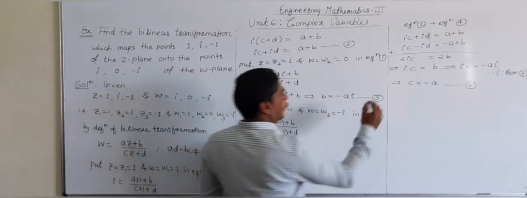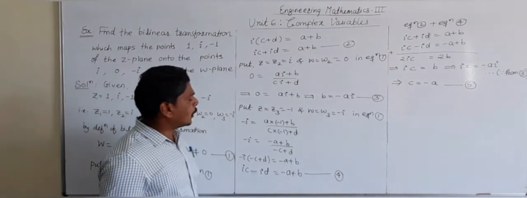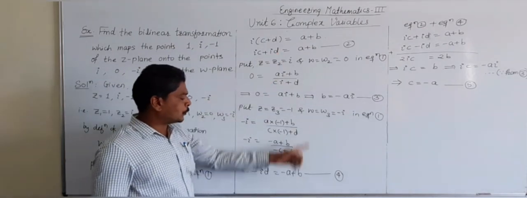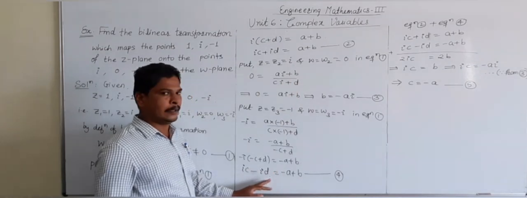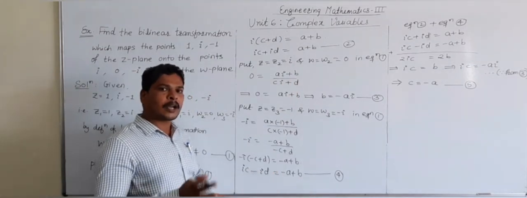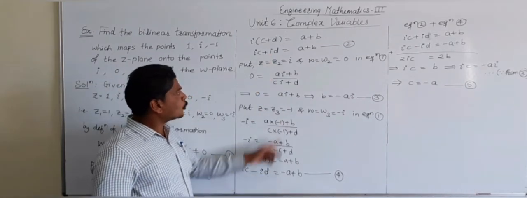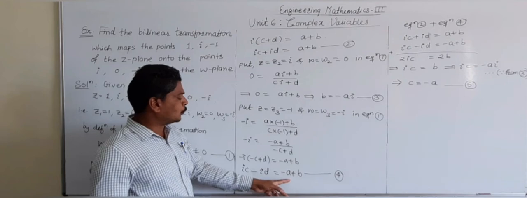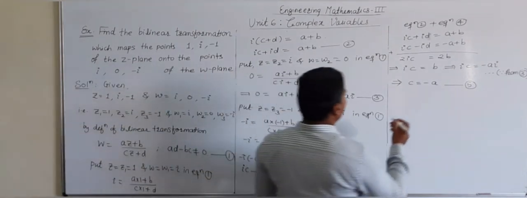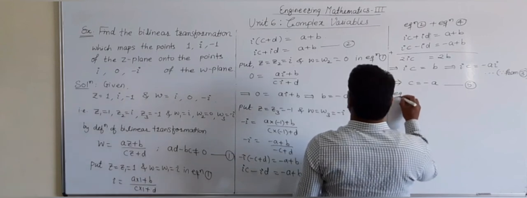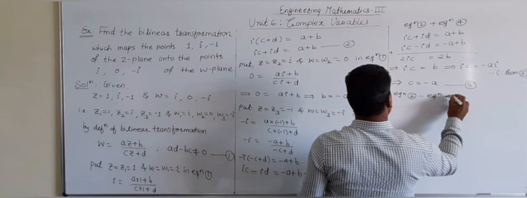Now the value of D in terms of A is remaining. So again I will simplify equations 2 and 4, because only these two equations contain the term D, and our requirement is to write D in terms of A. So for that purpose I will take subtraction of equations 2 and 4, and then we get the equation of D in terms of either A, B or C. So equation 2 minus equation 4.